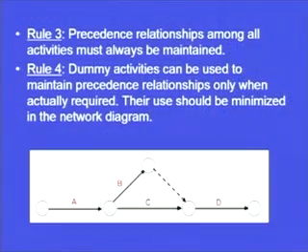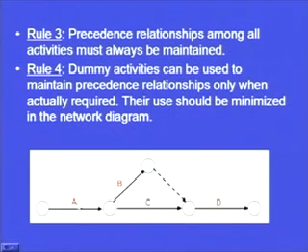Two rules we have already seen in the last class. Rule number 3 says that precedence relationships among all activities must always be maintained. Now, what are the precedence relationships in the network shown on your screen?